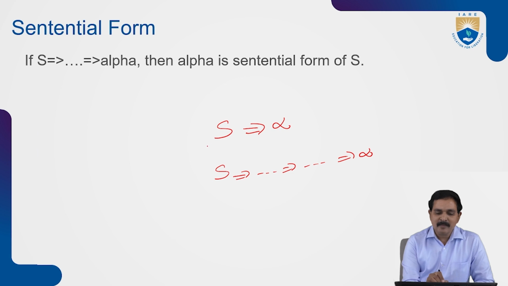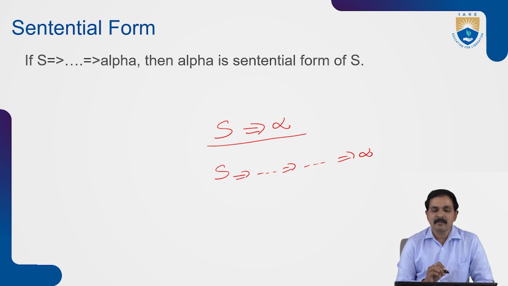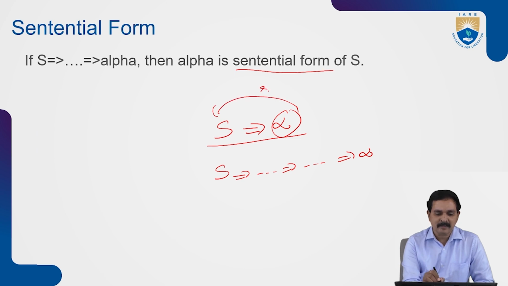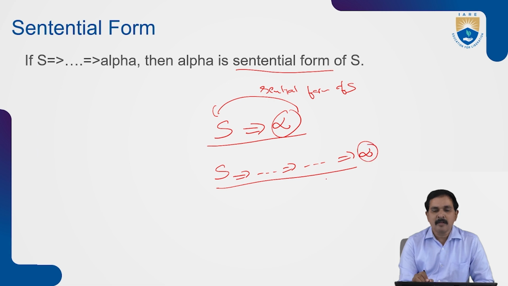So here S implies alpha means S derives the string alpha. Then this alpha is called the sentential form of S. Here also we obtain the same alpha, but alpha is obtained by many derivations.